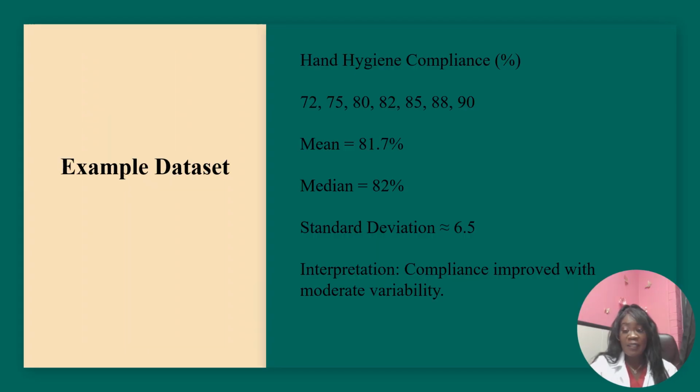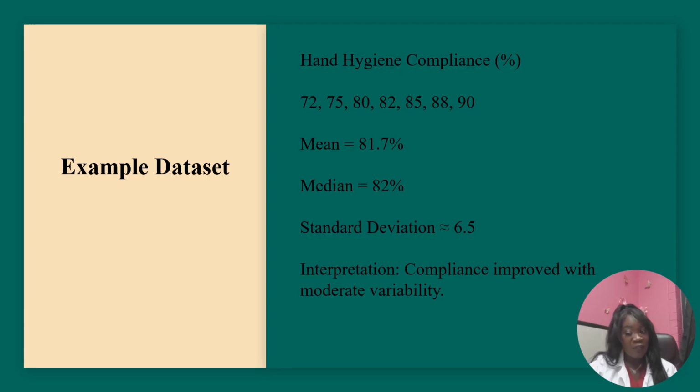This slide provides an example of how I can use descriptive statistics in my DNP project. The data set represents staff hand hygiene compliance percentages: 72%, 75%, 80%, 82%, 85%, 88%, and 90%. The mean compliance rate is approximately 81.7%, which represents the average performance. The median is 82, meaning half of the observations fell below this value and half fell above it.